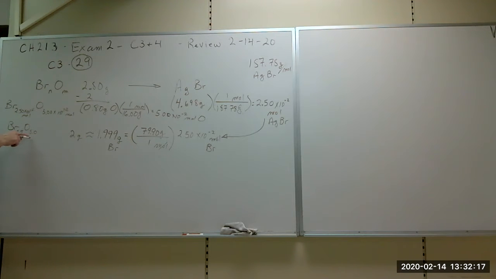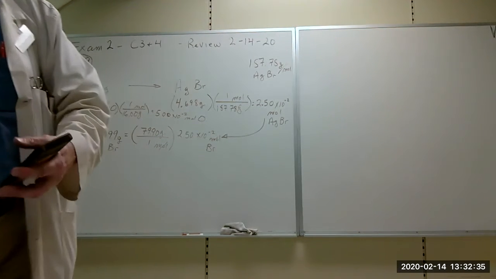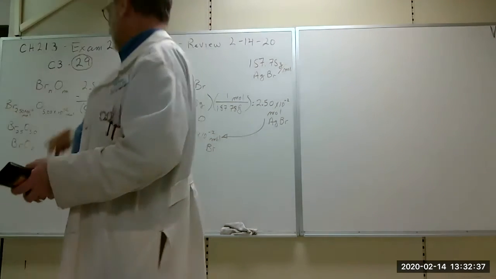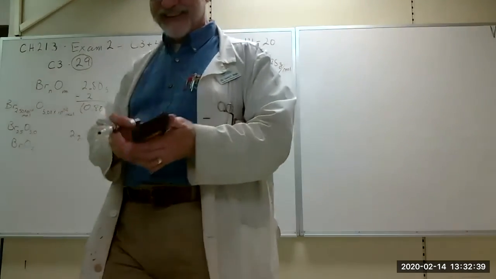If this is 1, then that's 2. So it's bromine 1, oxygen 2. That's the simplest whole number ratio of bromine to oxygen in this compound. That's a lot of work for a little answer, isn't it? Really.